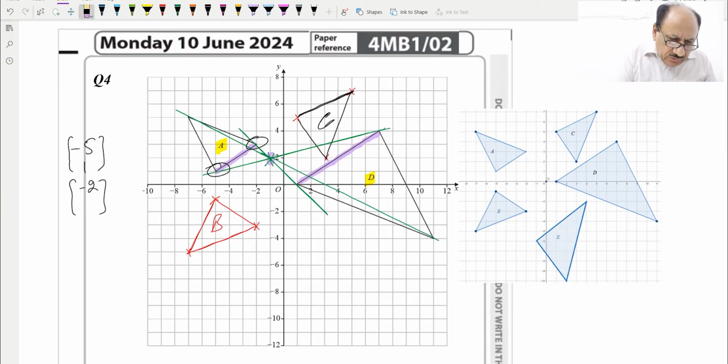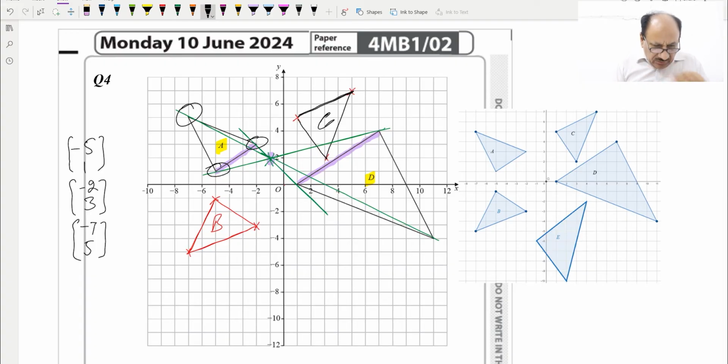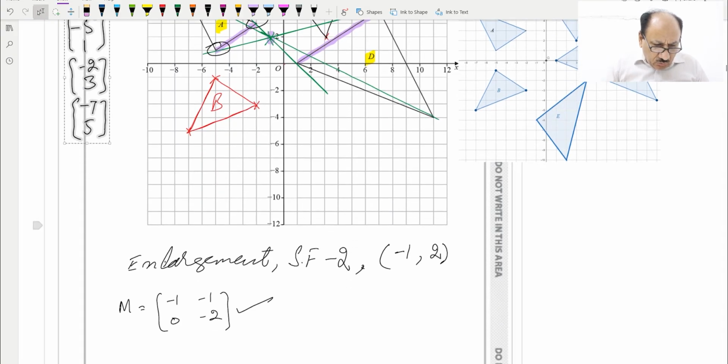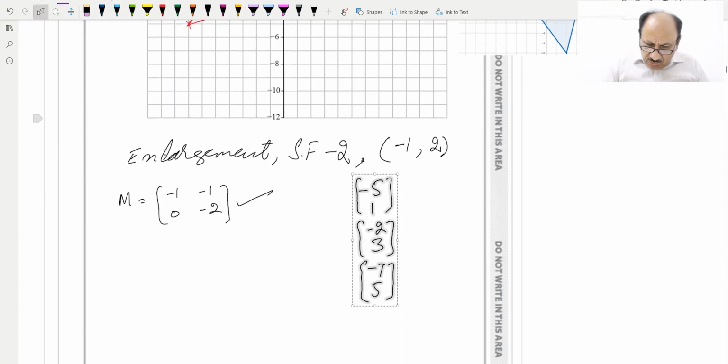So minus 2 and 3, and the third one, which is this one, has coordinates minus 7 and 5. So these are the 3 coordinates which we got for this triangle A, and these coordinates we will be using here.